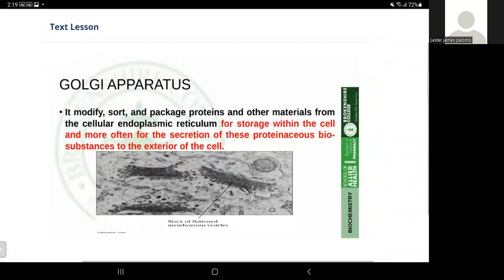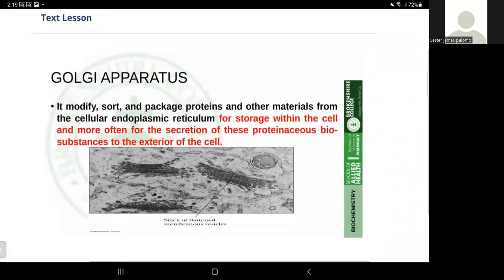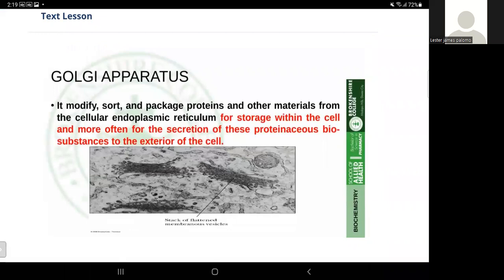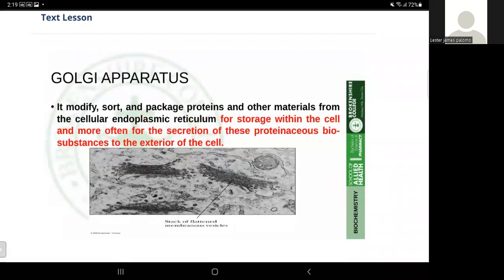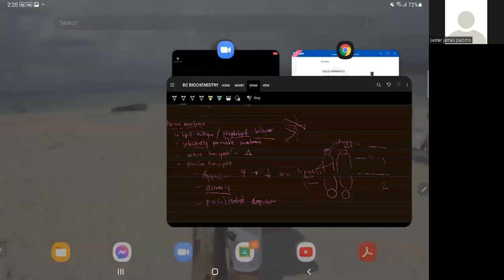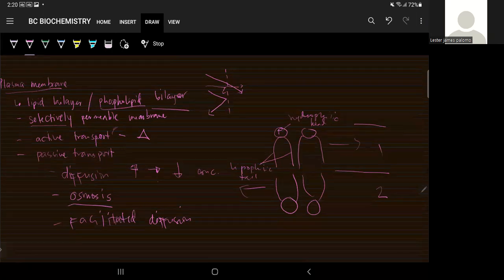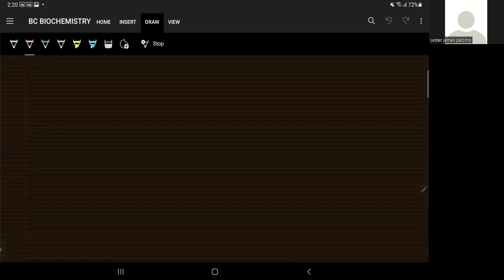Your Golgi apparatus has a role in the attachment of proteins, of course. What is the general chemical formula for protein? Let's talk about protein content.